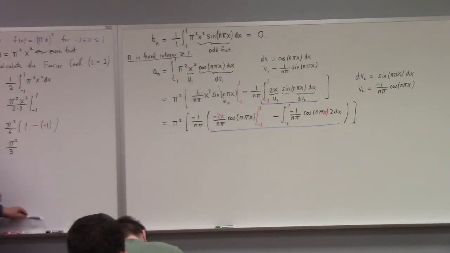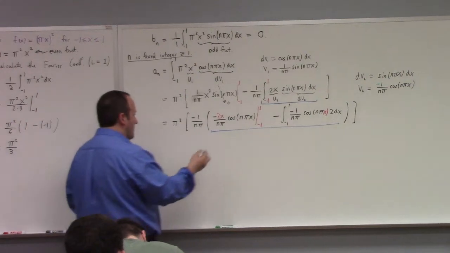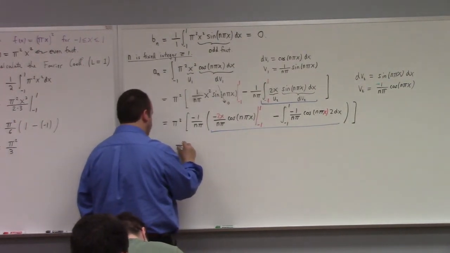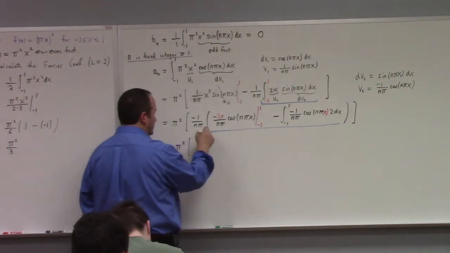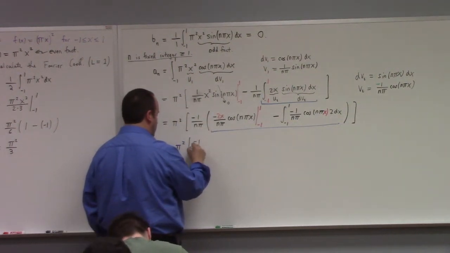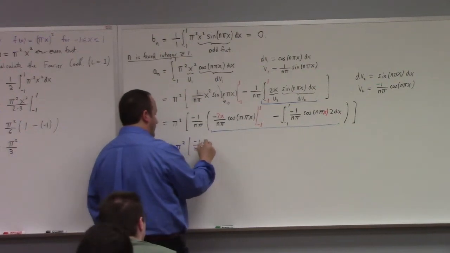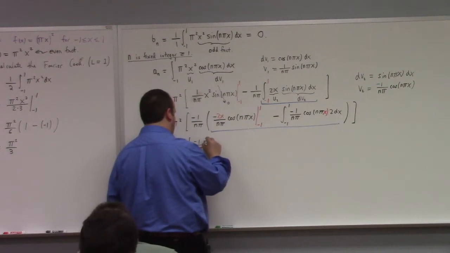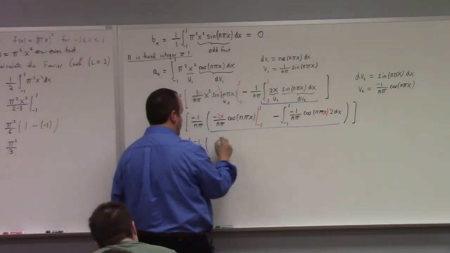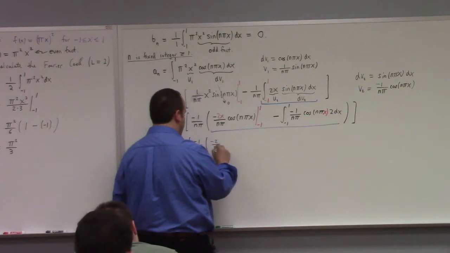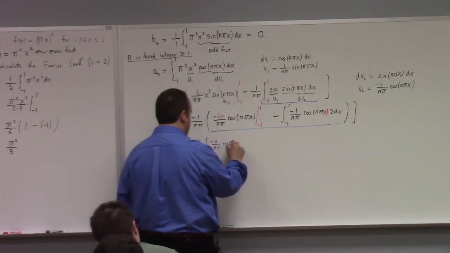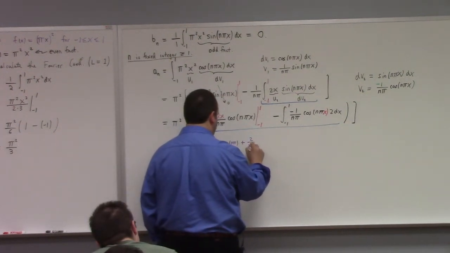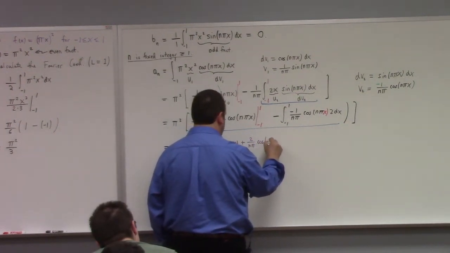Now, what happens? So we get minus 2 over n pi cosine n pi, plus 2 over n pi cosine minus n pi.